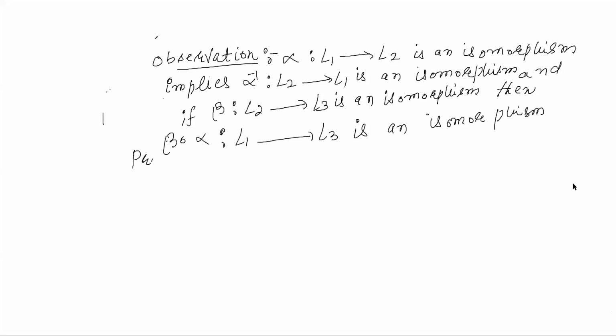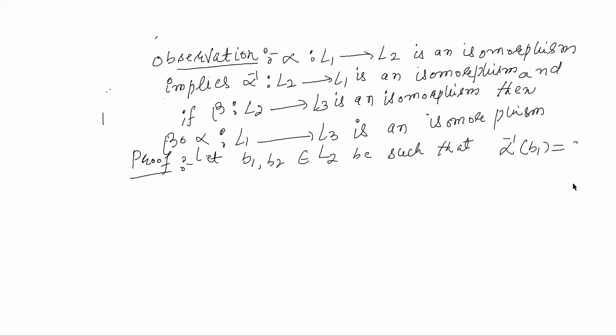So proof. Let B1 and B2 belong to L2 be such that alpha inverse of B1 equals A1 and alpha inverse of B2 equals A2.